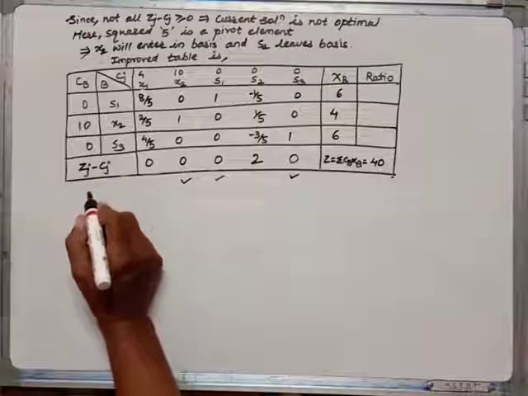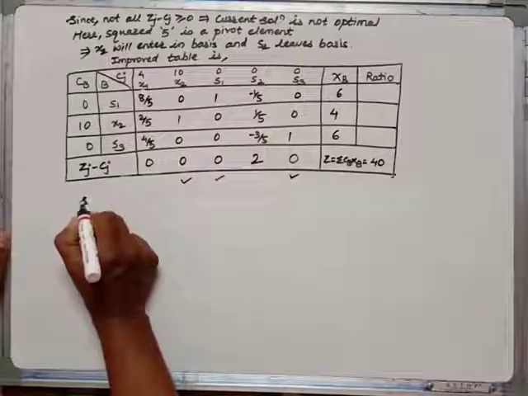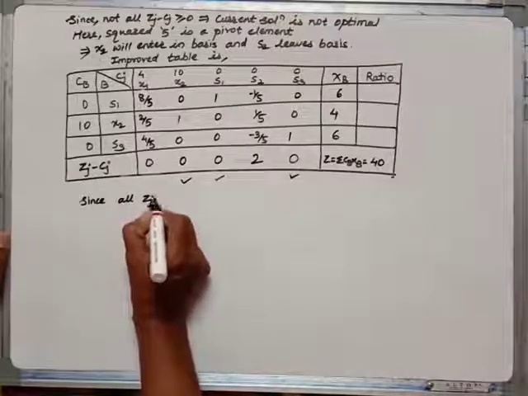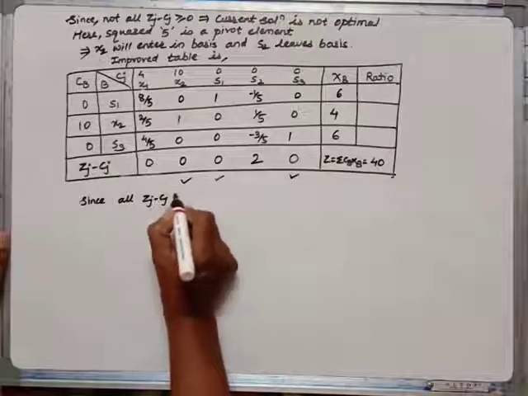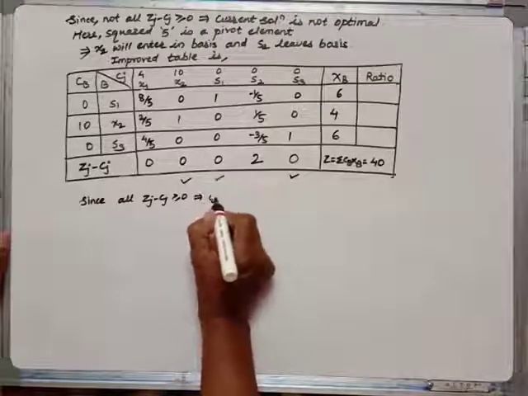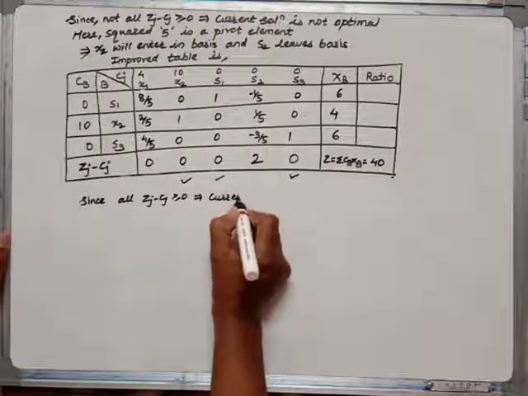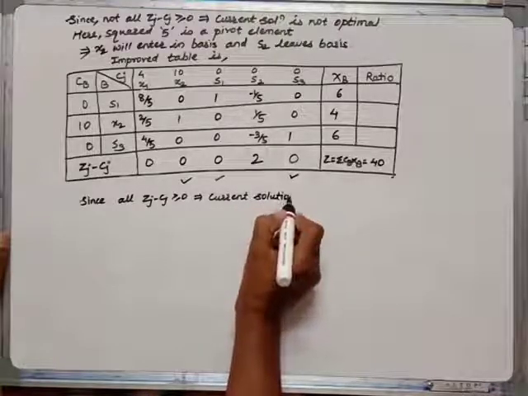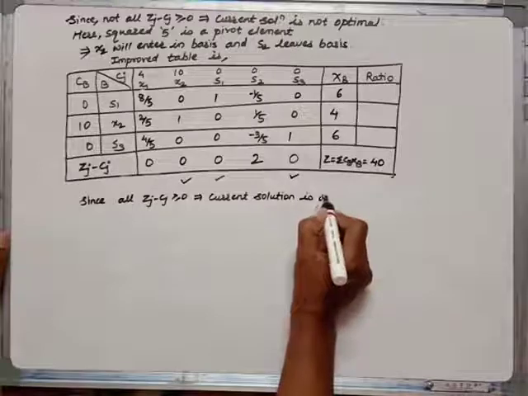So I must write, since all Zj minus Cj greater or equal 0 implies current solution is optimal. Current solution is optimal.